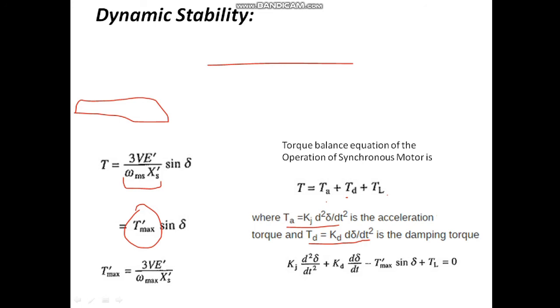When I replace the values in this equation, I have replaced TA as KJ d square delta by dt square, and TD by KD d delta by dt. T I have taken as T max dash sine delta, plus TL equal to 0.